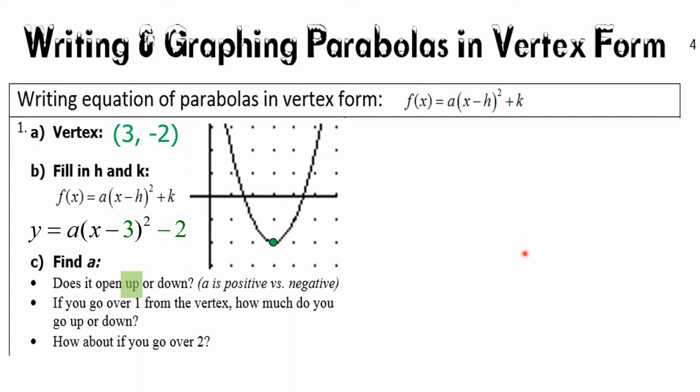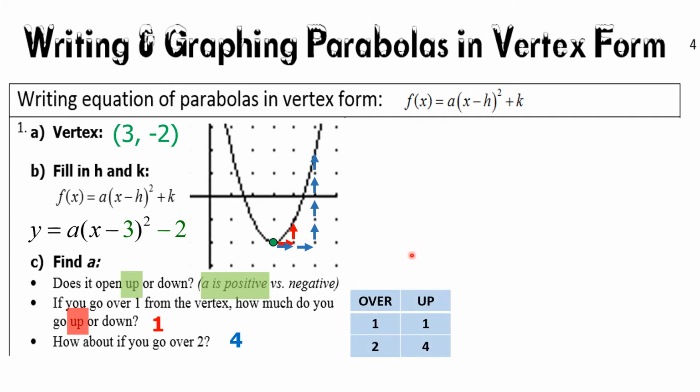Now, does this graph open up or down? We have to check and see if A is positive. Well, this is up, so A is positive. We're going to do over and up, over and up, and we graphed another point on the graph.